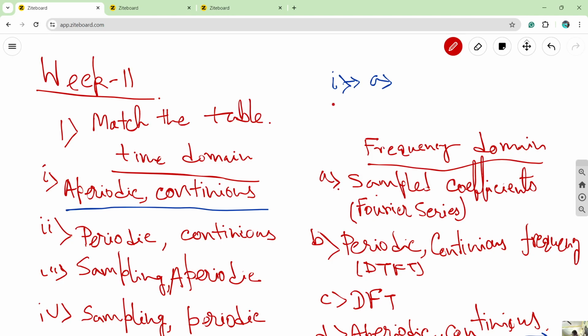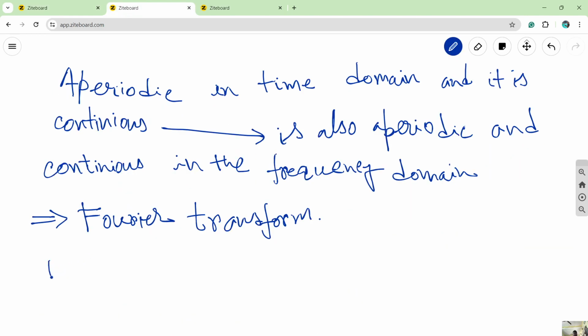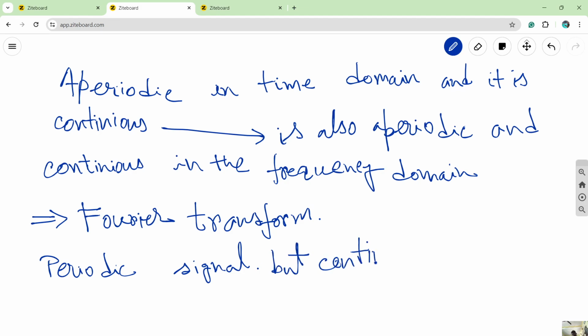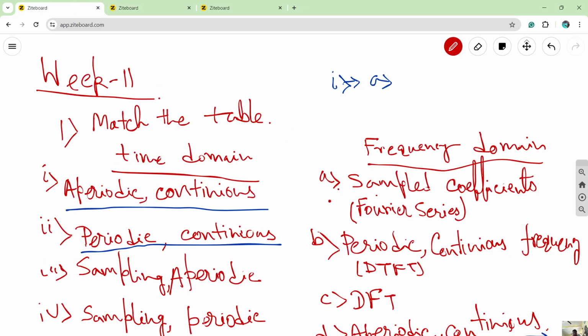Now something is periodic and continuous in time domain. So periodic signal but continuous in time domain, then it always has a Fourier series representation.